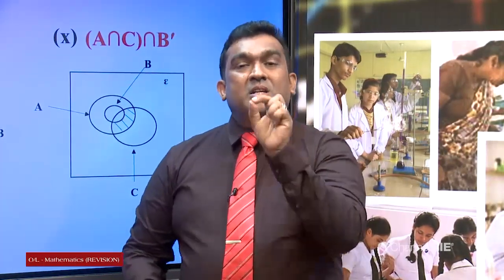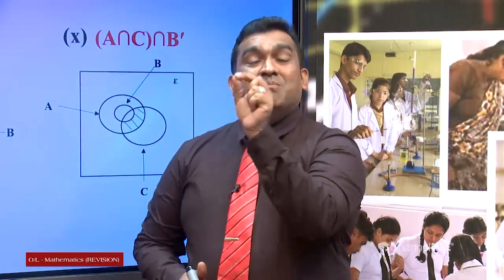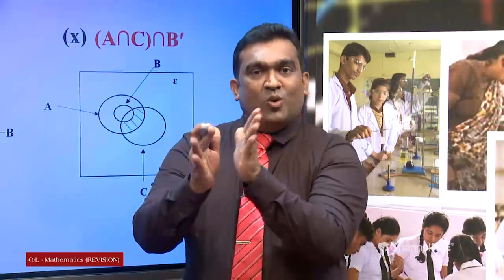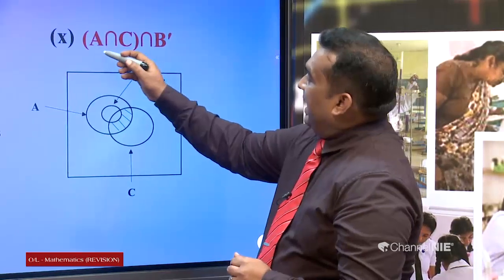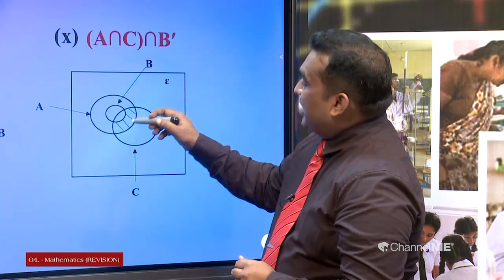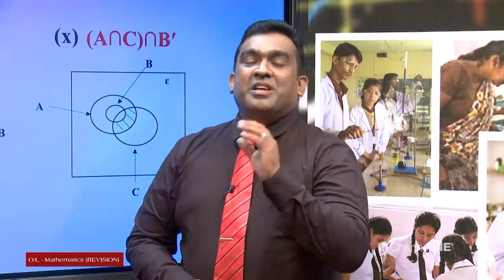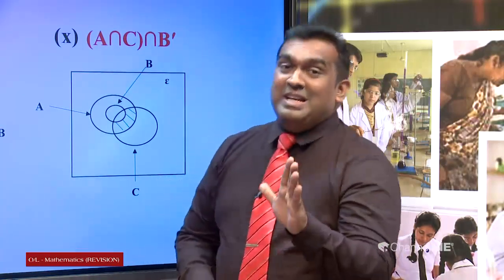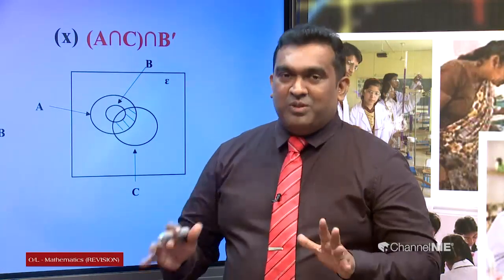Complement of B means not B. Complement of A means not A. Complement of A union B is not A union B. Here it is not B, A intersection C, only A intersection C, the common region that belongs to only A and C. Understood it?